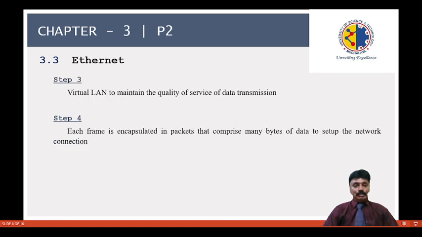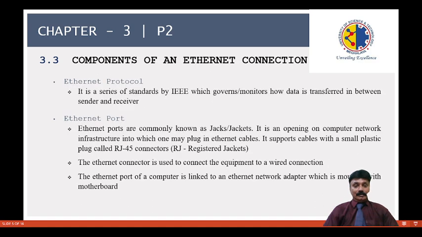Step three, virtual LAN to maintain the quality of service of data transmission. Step number four, each frame is encapsulated in packets that comprise many bytes of data to set up the network connection. So these are all the steps involved in Ethernet communication.